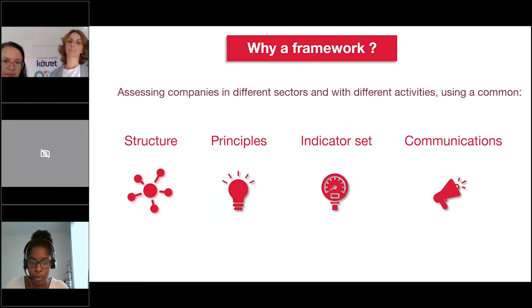This common structure or framework is then used to build a sector-specific methodology. In this way, they are highly consistent in how they are created, as well as in their applications and outputs regarding their sectoral specificities. That is why it's a framework.